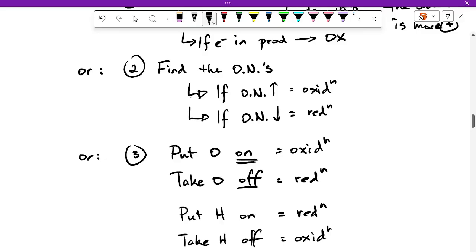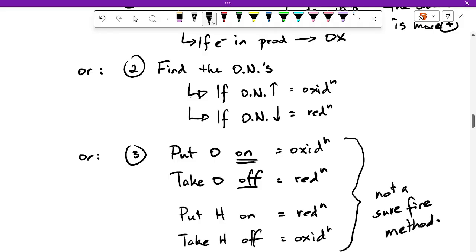This is not a surefire method. But if you're in a hurry and you're doing a multiple choice question, bam, you kind of go with it.